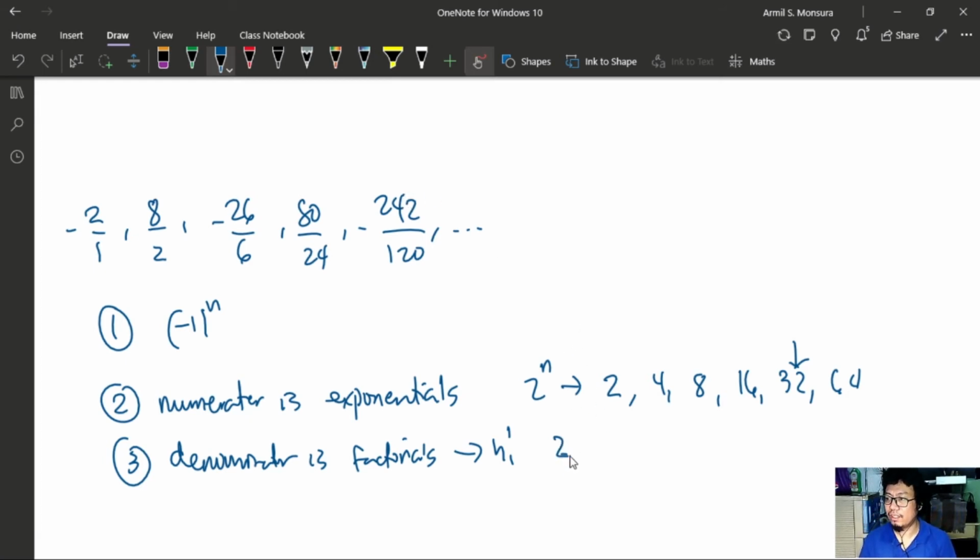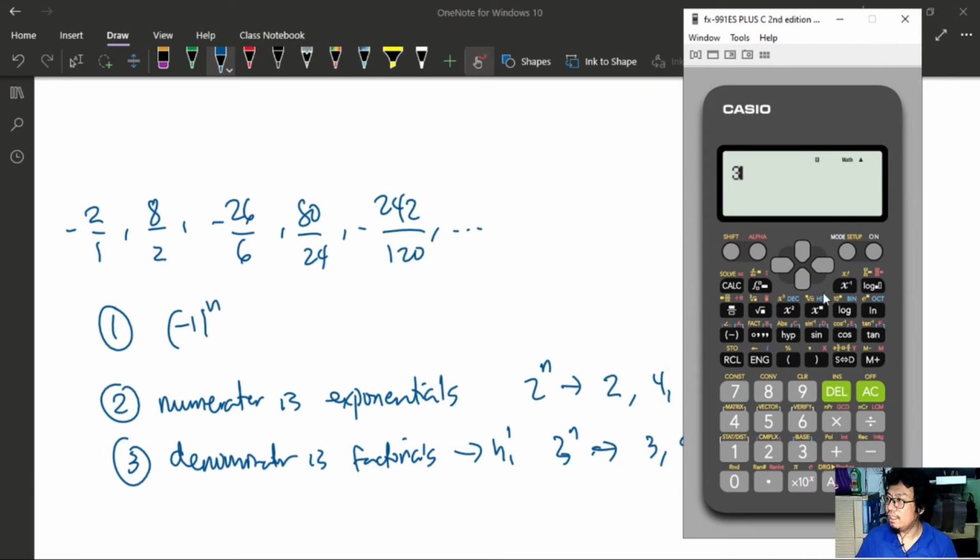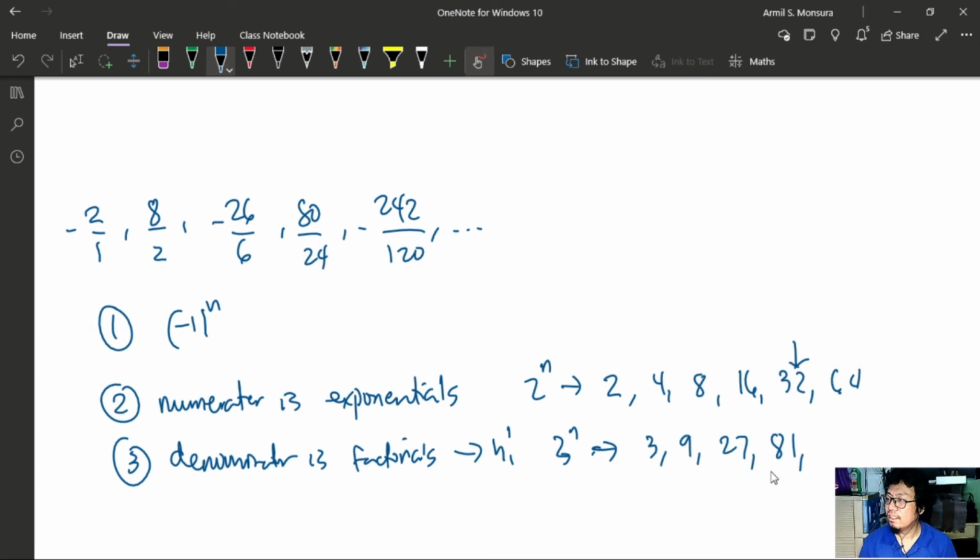Let's try 3 raised to n. This is 3, 9, 27, 81, and 3 raised to 5 is 243, which is close. The terms here are actually 1 less than the terms of 3 raised to n. So we can say that the numerator is actually 3 raised to n minus 1.